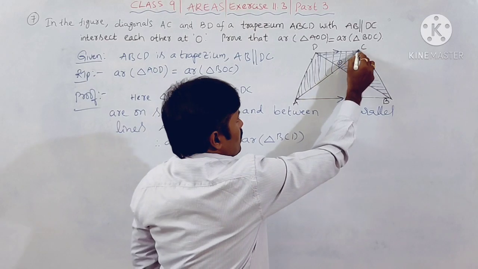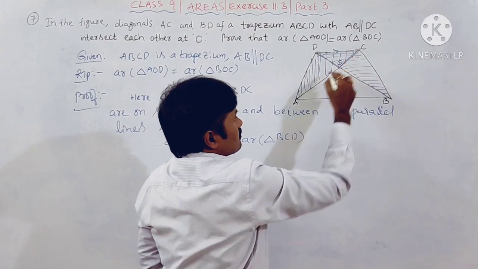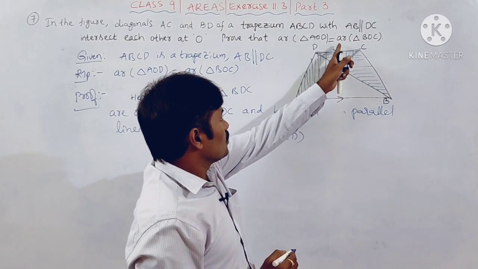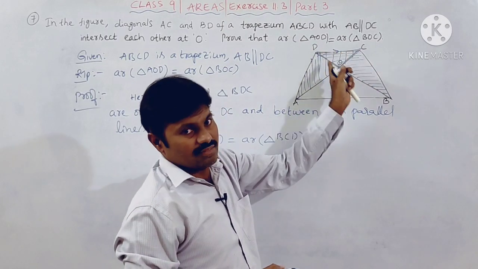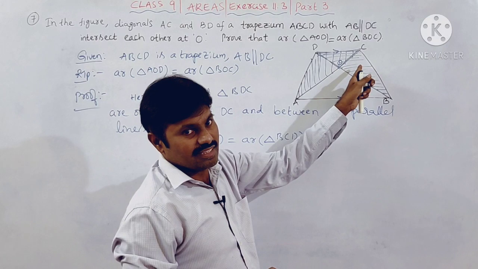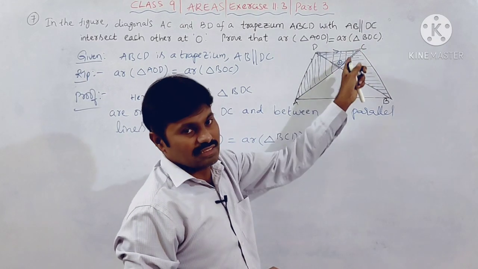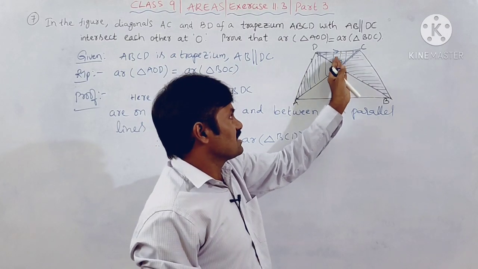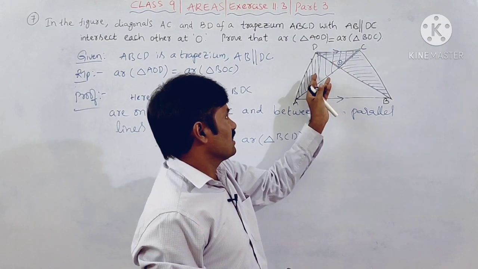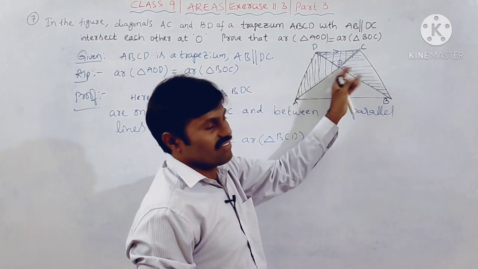Here this COD is the common region. Am I correct or not? So now to get AOD and BOC, this common region is extra for both the triangles. So if you remove this region, then we get AOD and BOC equal.